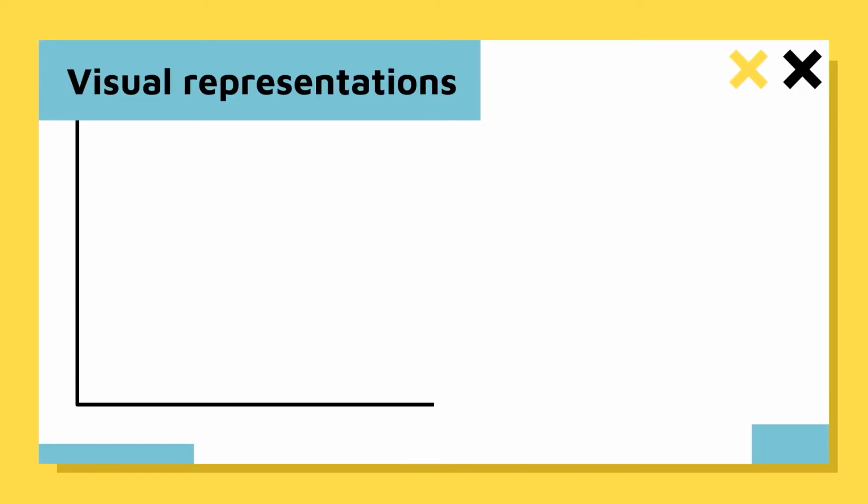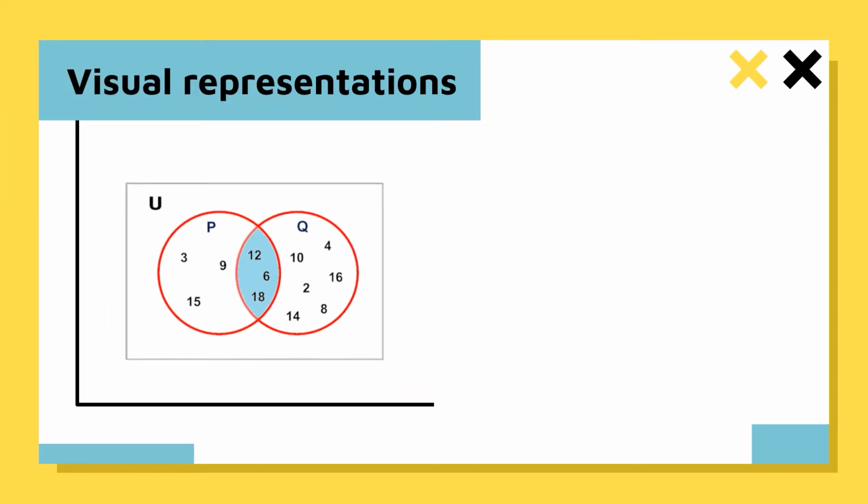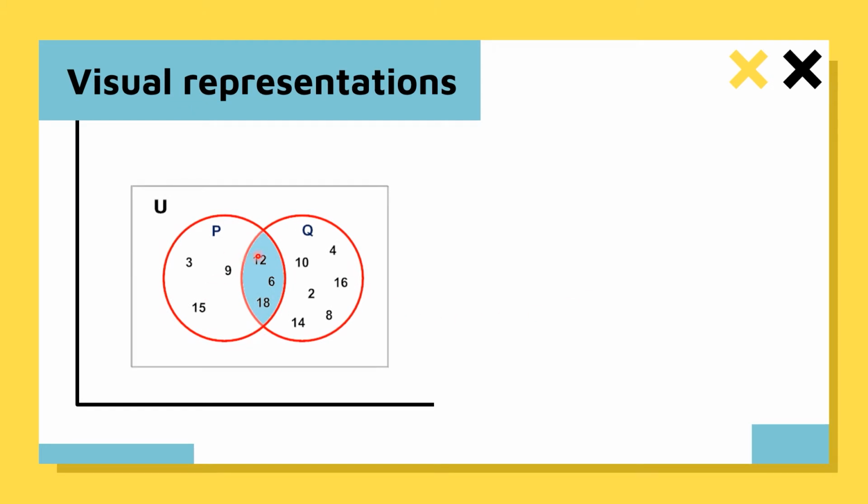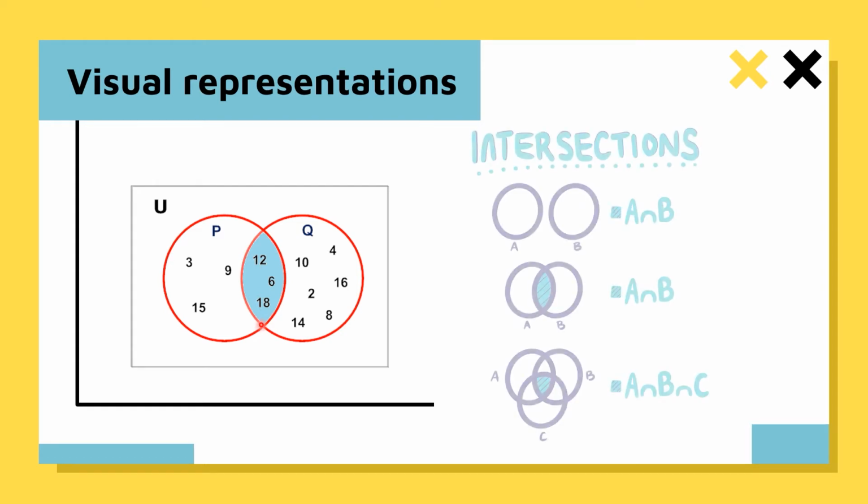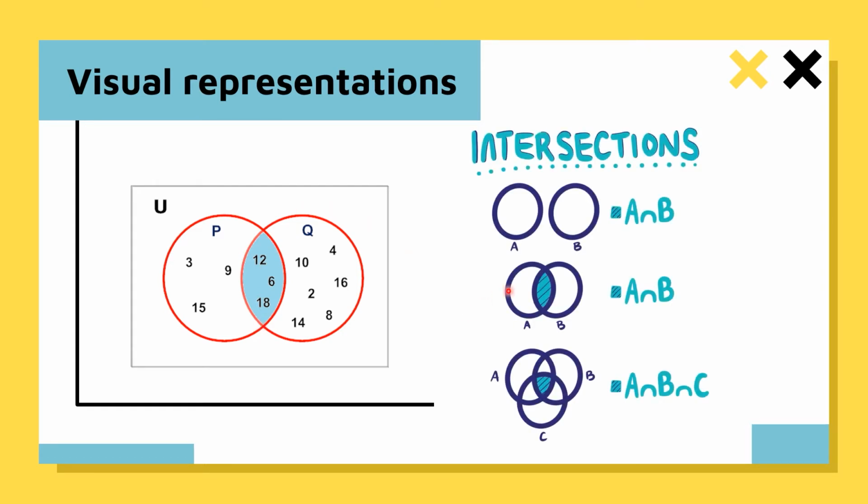Now let's see the visual representation, the Venn diagram representation, of intersection. For intersection, we just shade the common part alone. The common region alone will be shaded. Now if you see the shading for A intersection B, if there is no common element, I don't need to shade anything, because there is no common element.